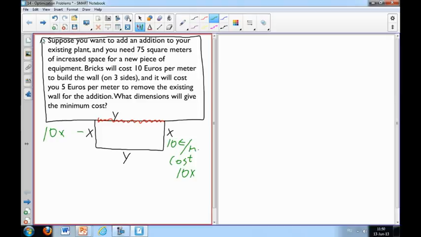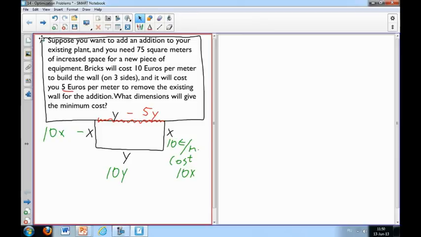For the y, it's again y meters long, 10 euros per meter. That's going to give us 10y euros for that wall. And for the top part, we're removing the wall, but that's at 5 euros per meter, the problem tells us. So if it's y meters long and 5 euros per meter, this is going to give us 5y as far as cost in euro.